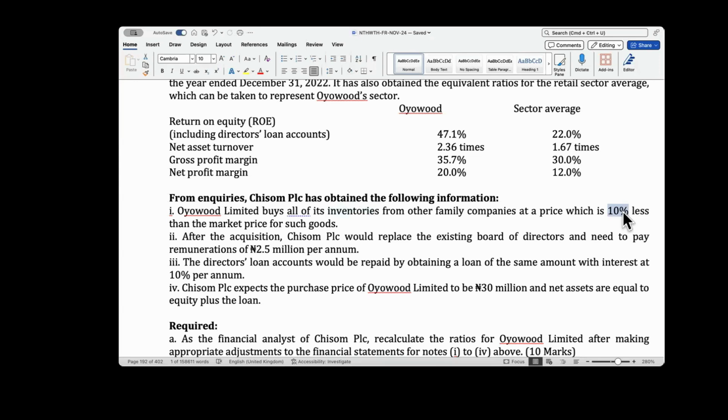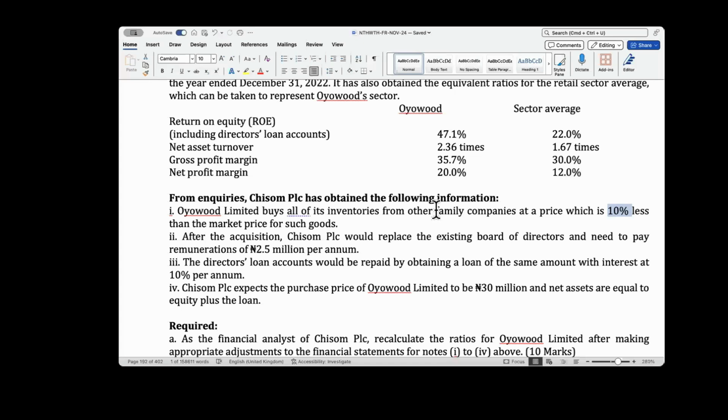If I now use that as a basis to compute my ratio, that will be misleading because I cannot compare that with other industry players that are buying it at market price. So I will need to update its cost of sales. I will need to update it to market price. You will see how to do that.